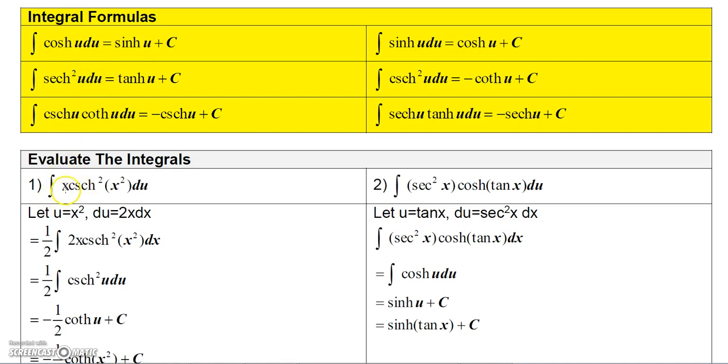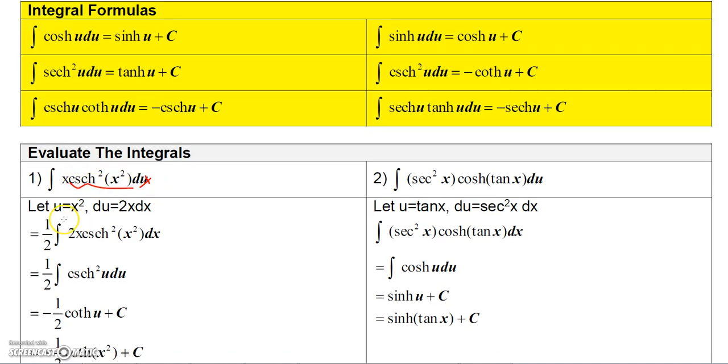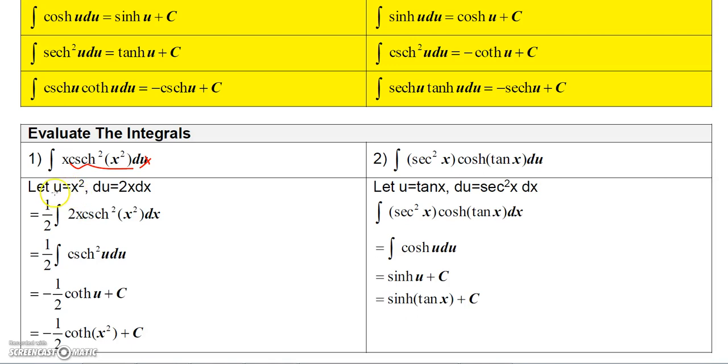So down here I have x times the hyperbolic cosine squared of x squared du. That should actually say dx. But anyway, what you can do here is if you let u equal x squared, then du would be 2x dx. So what I can do is multiply on the inside by 2.